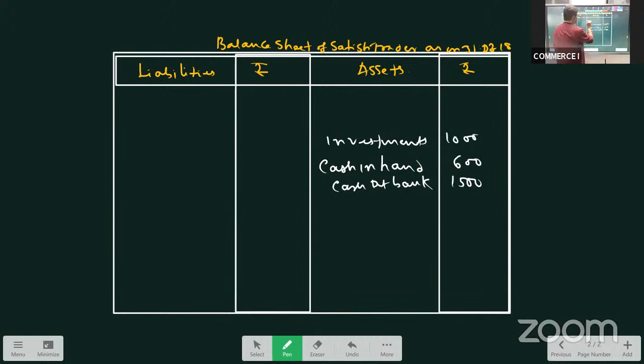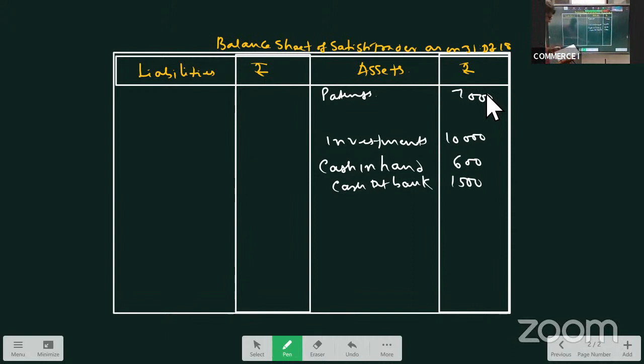Patents are intangible assets. Patents, goodwill, trademark, copyright, brand, all these are intangible assets. Intangible means assets which we do not see, though they exist. We cannot touch or see them. Such assets are called intangible assets.